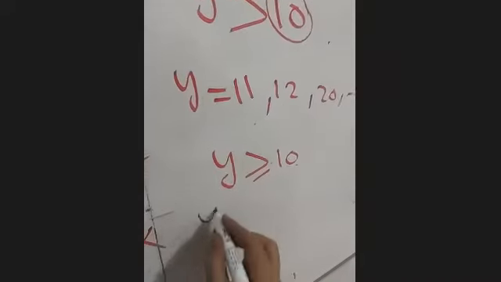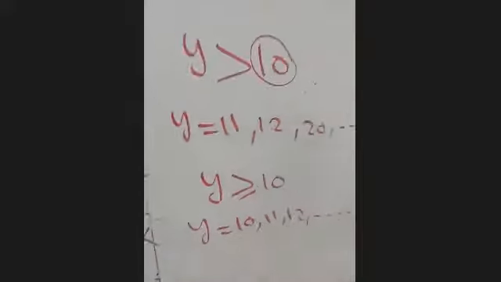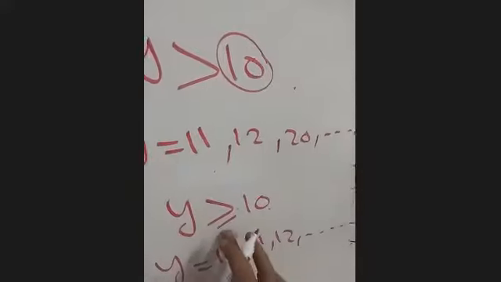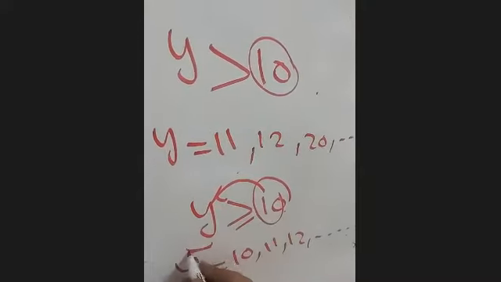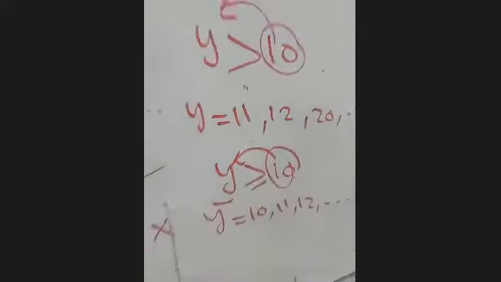I can say y can be 10, 11, 12, forever. So if we have the equal sign, it means the number is included for the variable. But if we don't have it, it means the number is not included. Got it?